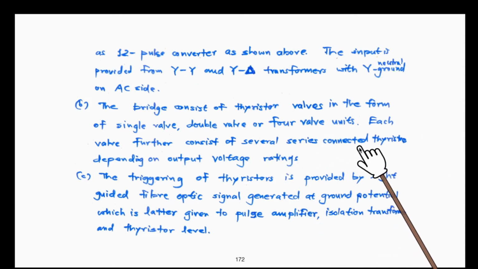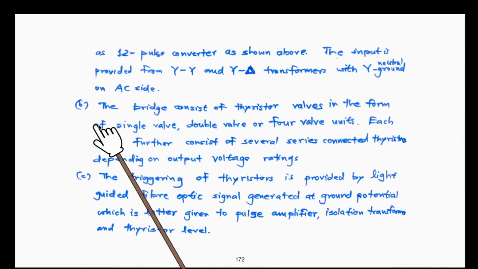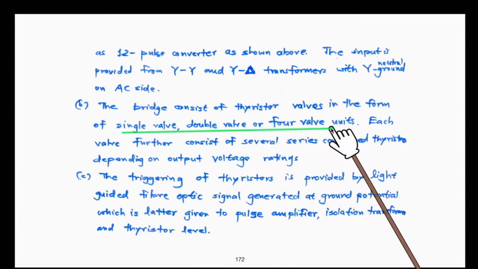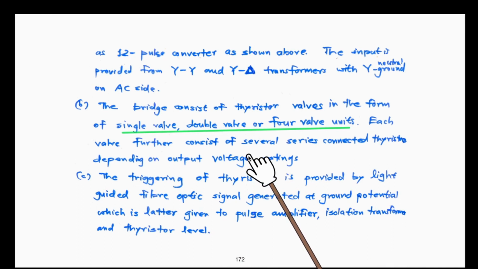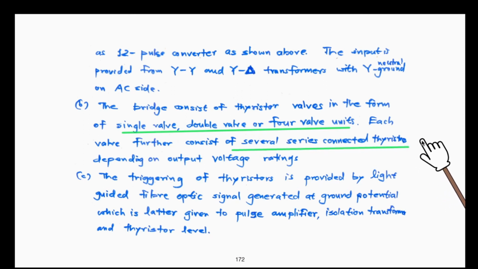Next, the bridge consists of thyristor walls in the form of, as we discussed, single wall, double wall, four wall units, and each wall further consists of several series connected thyristors. Several in series, because you see one thyristor can withstand a voltage of maybe 4 kV or maybe 6 kV, 10 kV as the development is taking place.